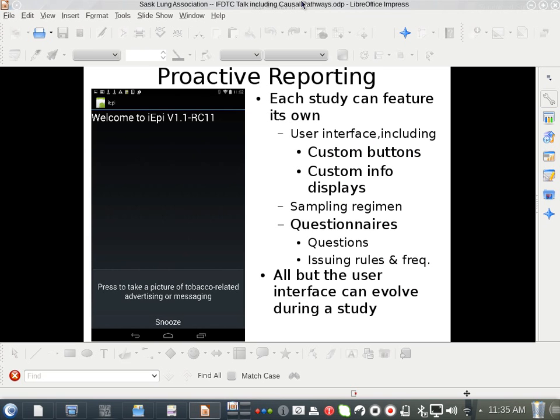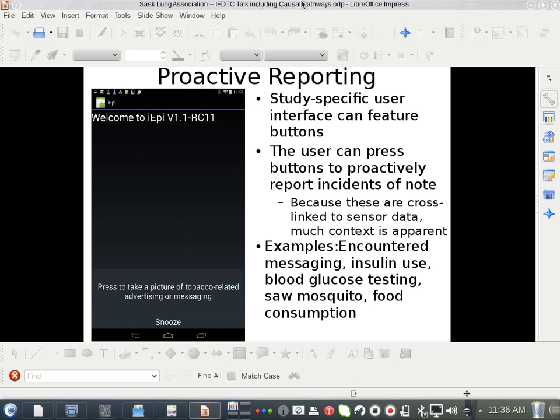Or you could do this for exposure to advertising for fast food, or when you're taking your medication, et cetera. So we have these study-specific interfaces that can include custom buttons, custom display regions, a sampling regimen, and questionnaires which can be specified.